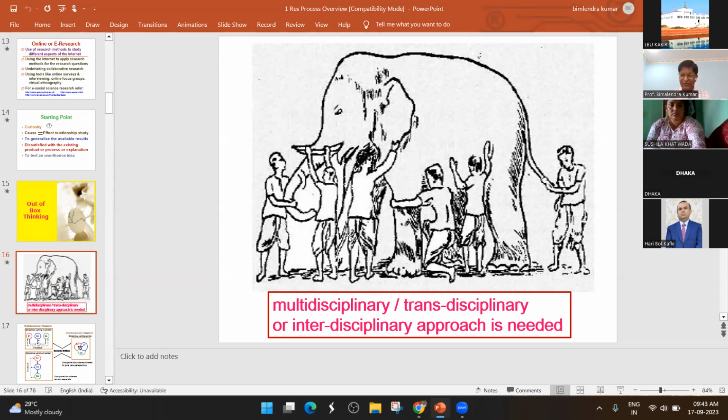One who is touching the feet of the elephant says it is just like a banana tree, or, when the trunk is taken, something else. So these are the different interpretations. But when all these persons are taken together, then there will be a real outcome of the research also.